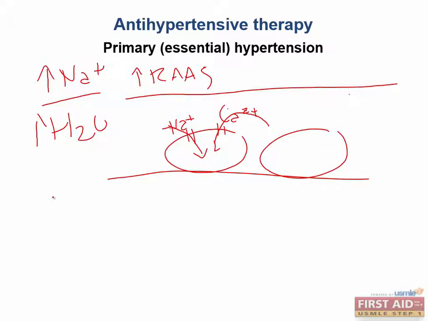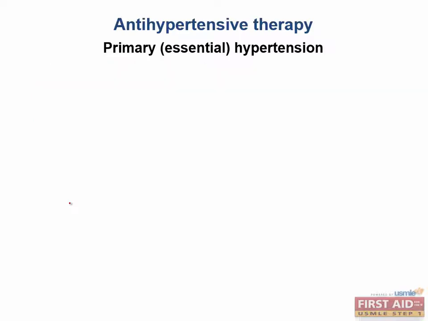It leads to vascular smooth muscle cell contraction and therefore an increase in the systemic vascular resistance, which sometimes we also call total peripheral resistance. So always think about the equation blood pressure equals cardiac output times the total peripheral resistance when you start to attack the different therapeutic regimens.